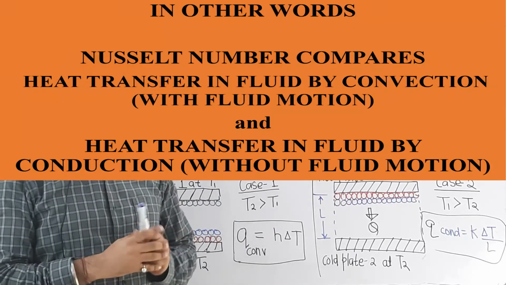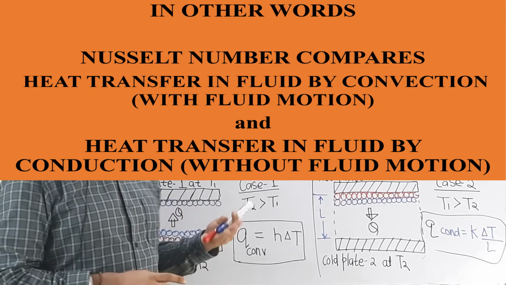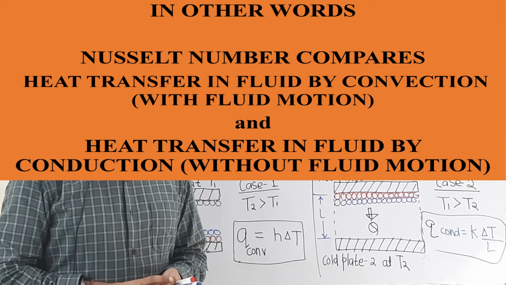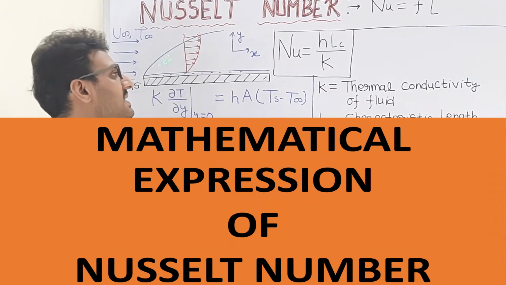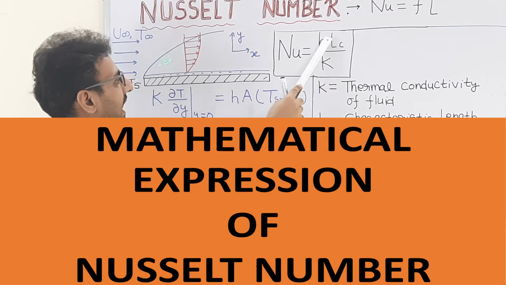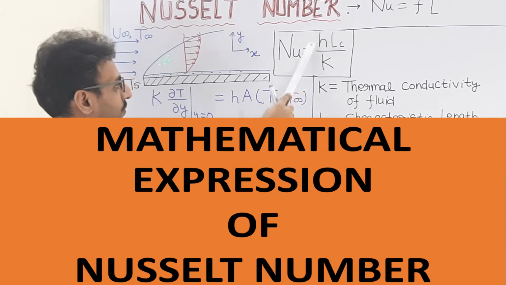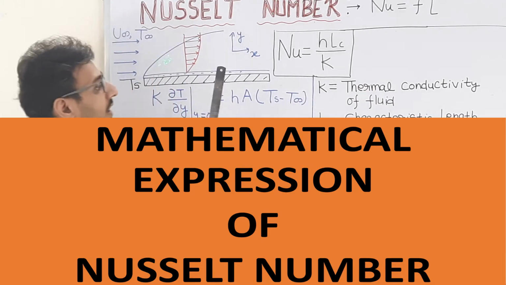And the physical significance of the Nusselt number is that it shows how effective the convective process is. It means by how many times the bulk motion of the fluid has increased the heat transfer rate in the fluid. So the Nusselt number is given as h Lc by k, where h is the convective heat transfer coefficient and k is the thermal conductivity of the fluid.